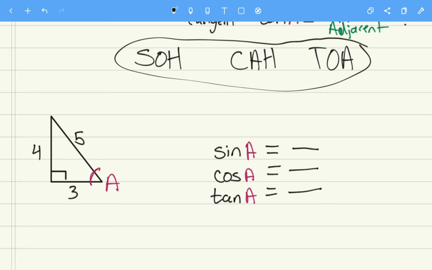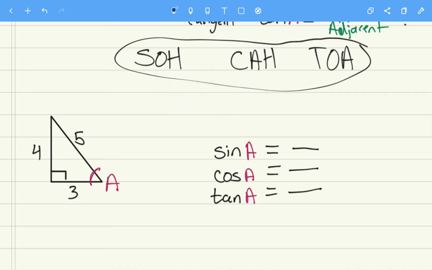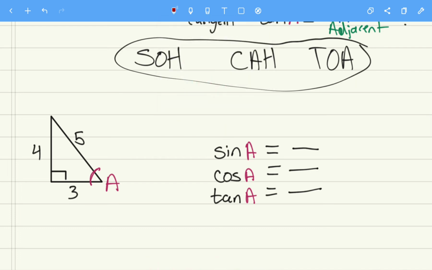Now let's look at an example real quick. So we have our right triangle with the lengths of 3, 4, and 5. We want to figure out sine of A, cosine of A, and tangent of A. So your first step would be to label your three sides. I like starting with the hypotenuse because I know that is the longest side in our right triangle.